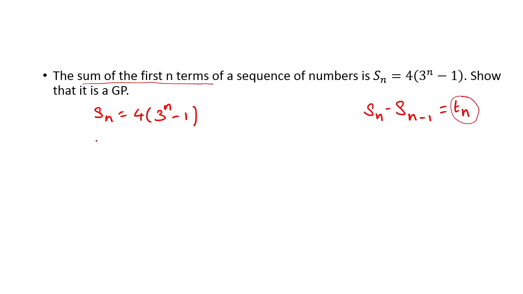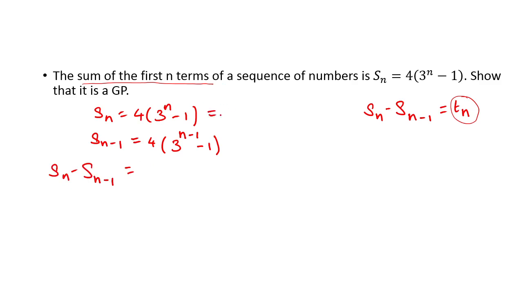So for this, we'll also find out Sn minus 1. What will be Sn minus 1? Replace this n by n minus 1. So it will be 4 into 3 raised to, in place of n, it is n minus 1, minus 1. Okay, so let us now consider Sn minus Sn minus 1. If you want, you can simplify this.